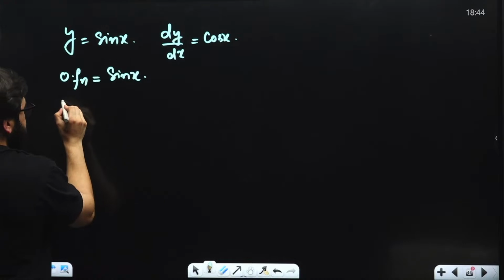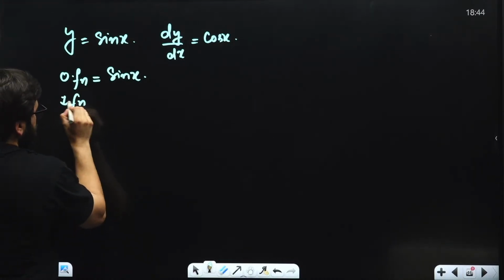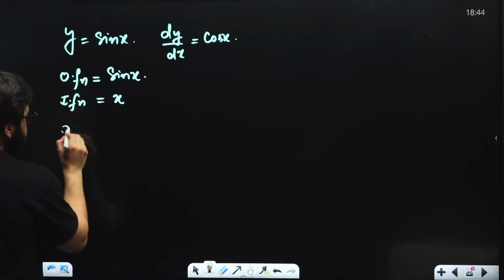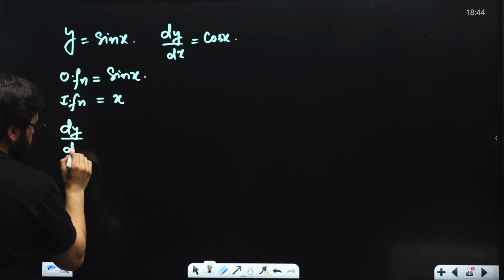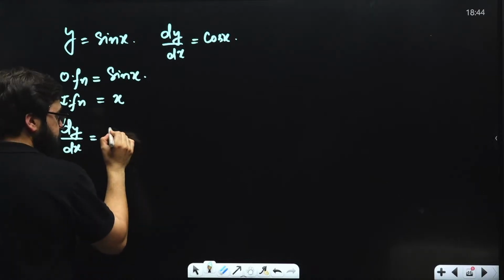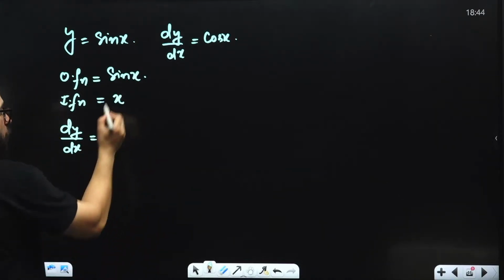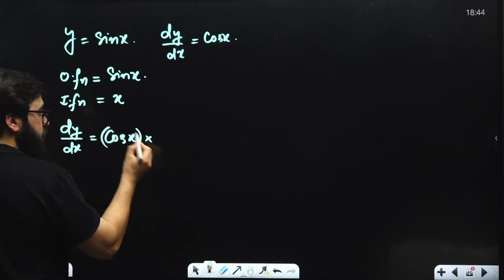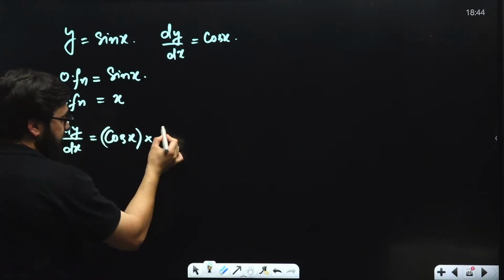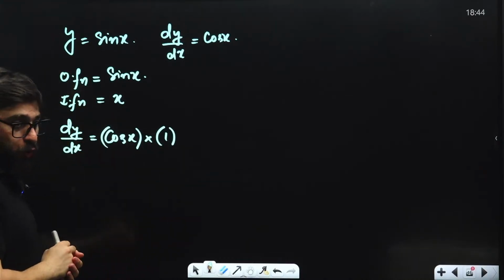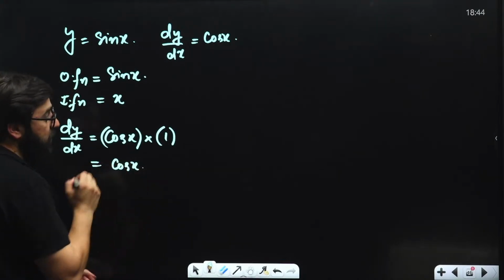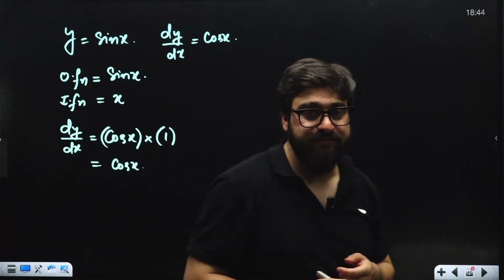The inner function is in this case x. Now dy divided by dx is differentiation of outer function. So for sine x, it is cos of x. Differentiation of inner function, for x, it is 1. I have told you. So cos x into 1 is cos of x itself. That is given over here.